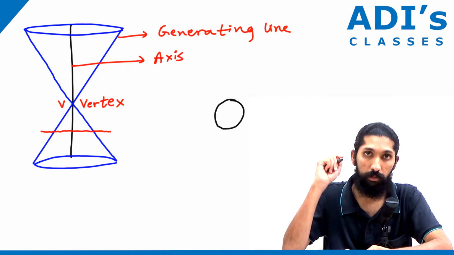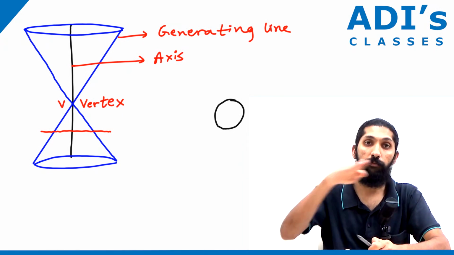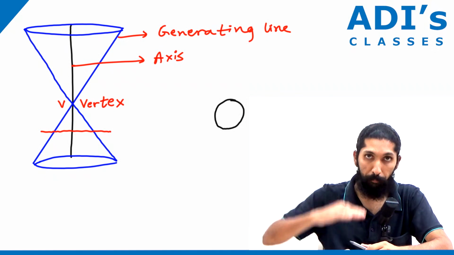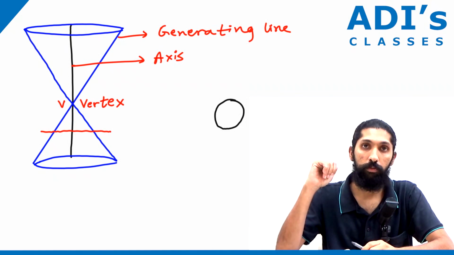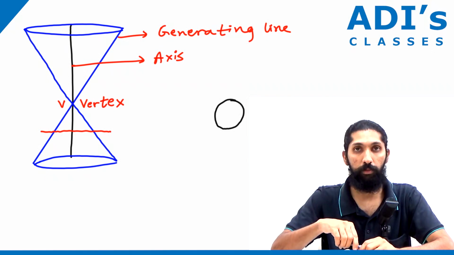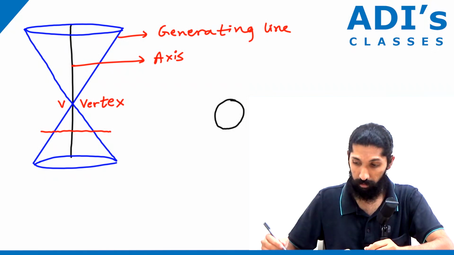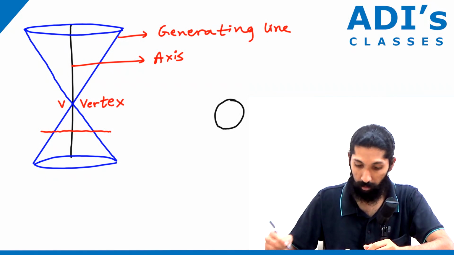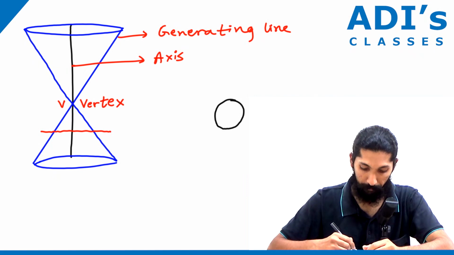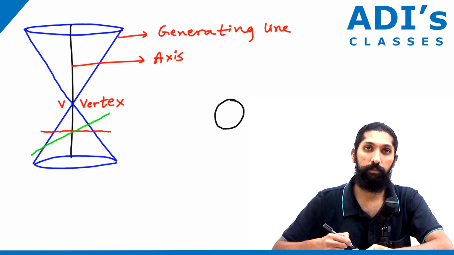One shape is done. Second shape, imagine you have a cone again. Instead of cutting it horizontally, parallel to the base of the cone, assume that you're going to cut at a particular angle, something like this.